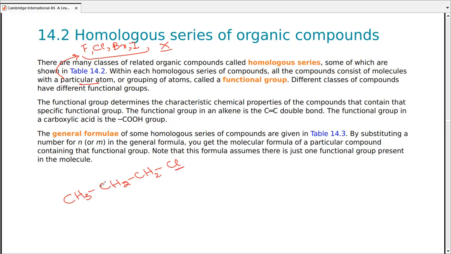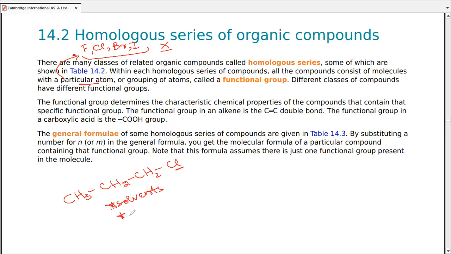And as soon as it turns into a halogenated alkane, the entire set of properties changes. The reactivity of the compound also changes. The physical and chemical properties are going to change. As soon as we introduce a halogen, which is a proper functional group, it turns into a halogenated alkane, and halogenated alkanes are very good solvents.